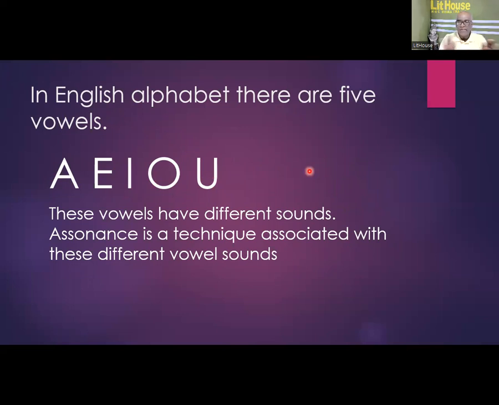Typically, these are symbols for these vowel sounds. A is a symbol, a letter. E, a letter or symbol. I, a symbol or letter. But these letters have some different sounds.